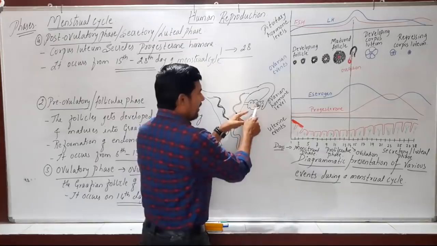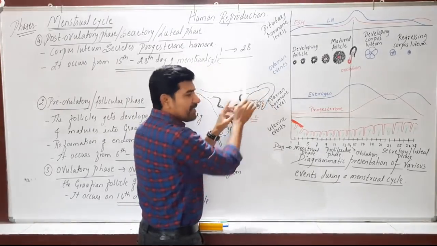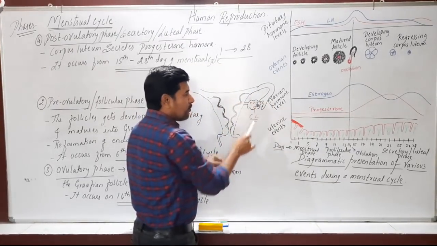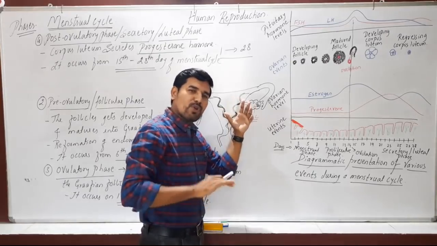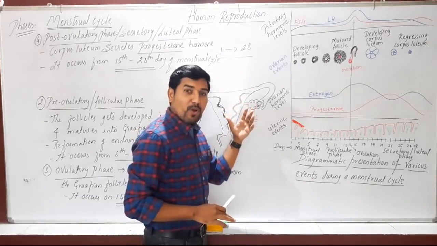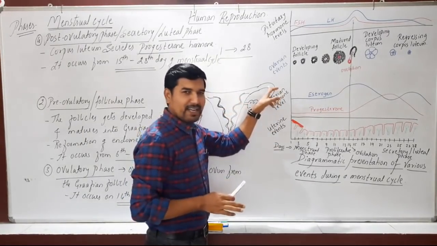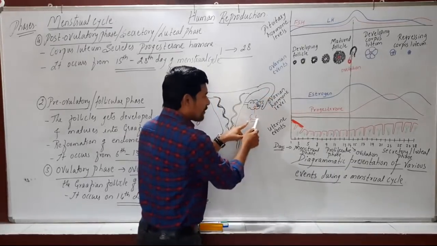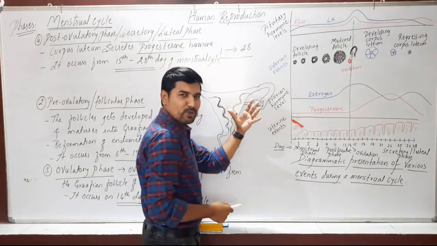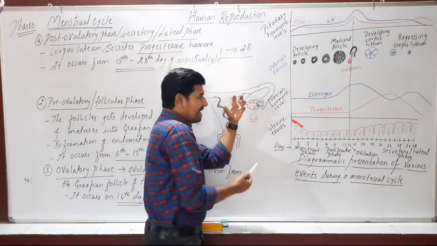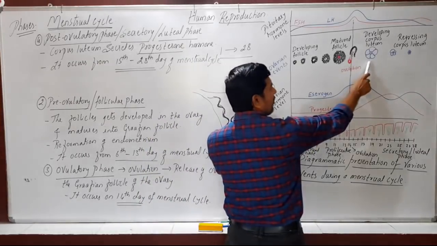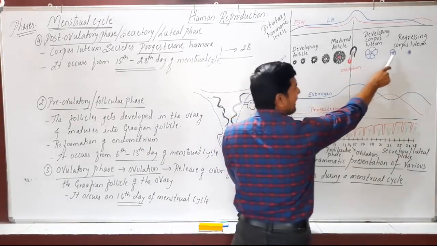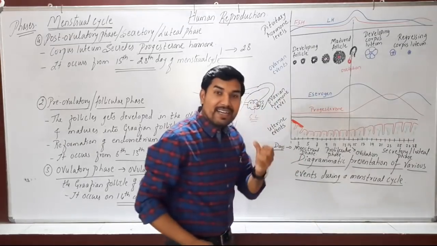Then meanwhile, if there is a fertilization in the fallopian tube, then the activity of the progesterone goes on increasing. What will happen if there is no fertilization here? Then this corpus luteum, which is secreting progesterone, gets degenerated. When it develops, it gets degenerated, or regression.